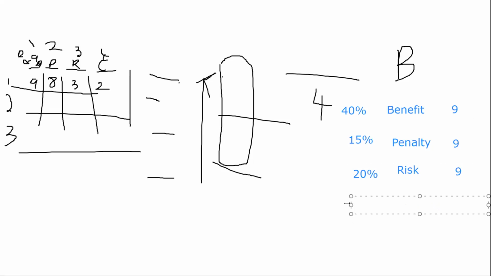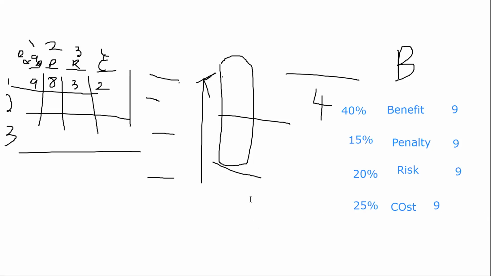Cost is important for me, whatever is left is 25%. Now, out of 100%, you give more importance to benefit and low importance to penalty. So you multiply 40% into 9, 15% into 9, 20% into 9, 25% into 9, and add them up, and you come up with a value.